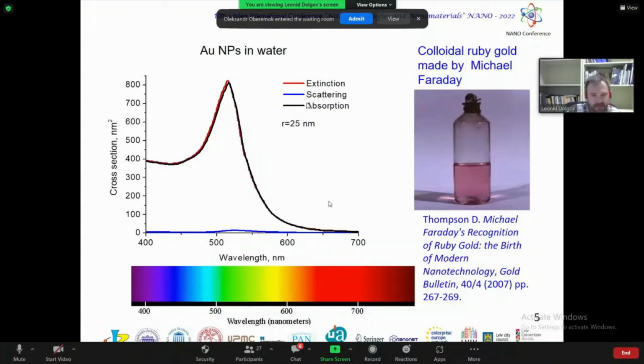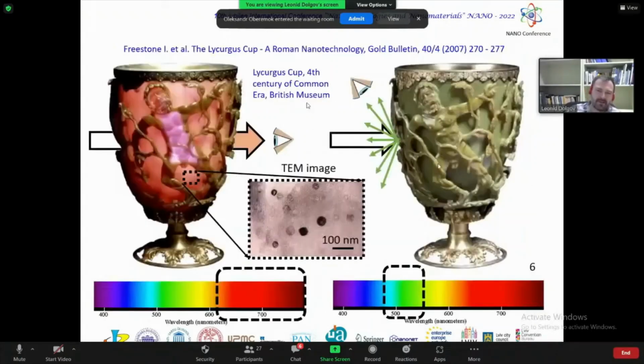And the same effects are present even in more ancient samples. For example, here you see the Lycurgus cup, which came from ancient Rome, and it appears that this ceramic also contains small gold particles, which provide the same effect.